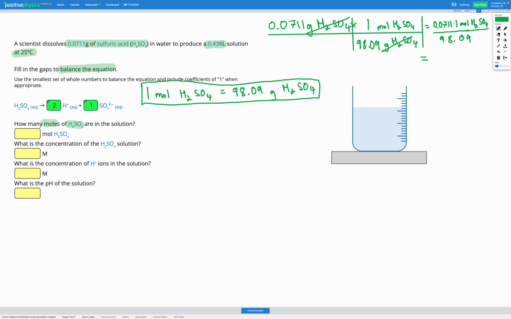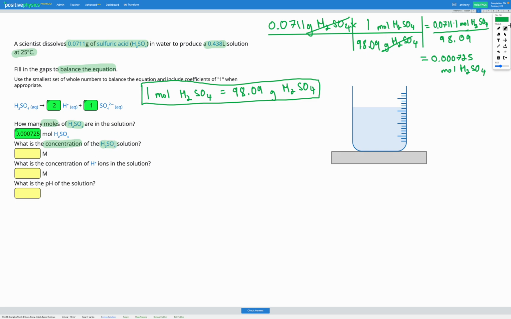If we put that into our calculator, we're going to get out a number of moles of 0.000725 moles of H2SO4. So let's go ahead and fill that in our answer box. We've got 0.000725.